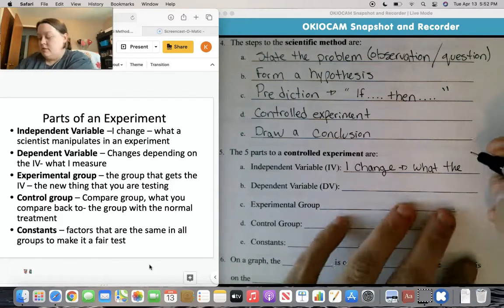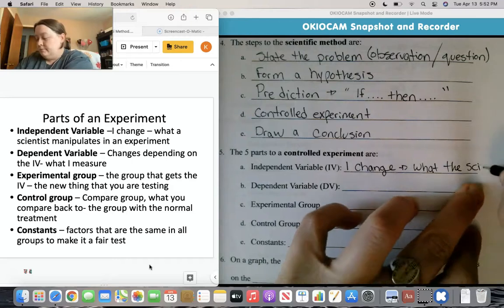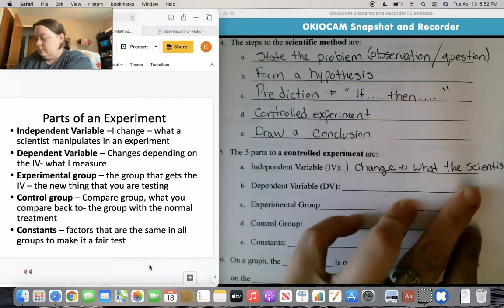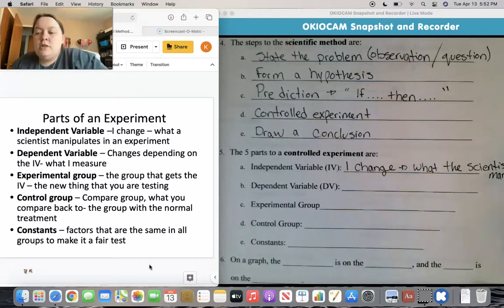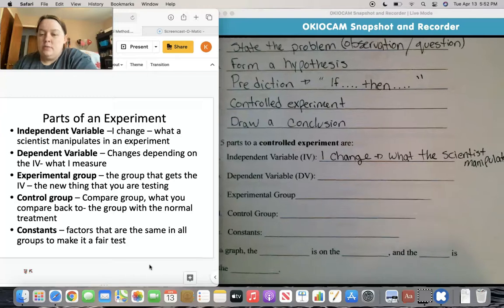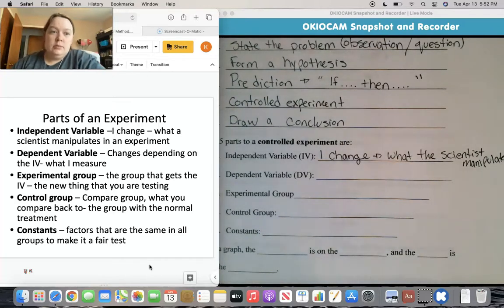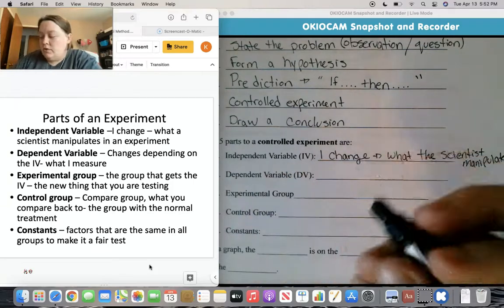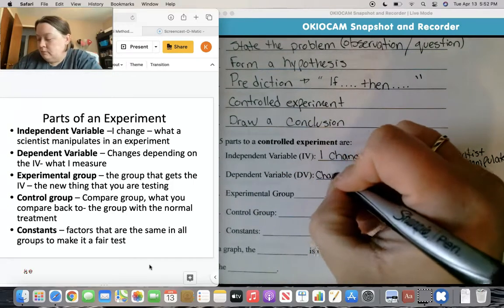Manipulates just means changes. So in my experiment, I would be changing the color of light. I might have some in normal sunlight, I might have some in blue light, some in red light, some in green light, etc.